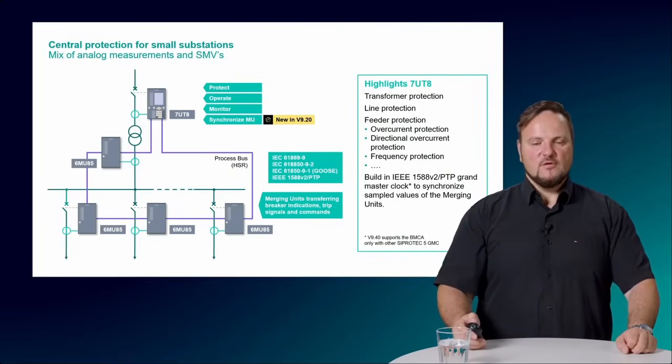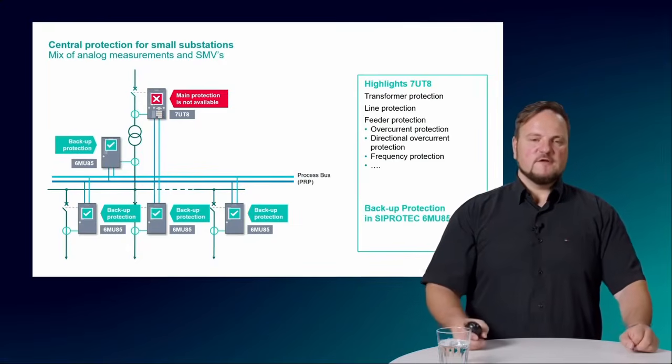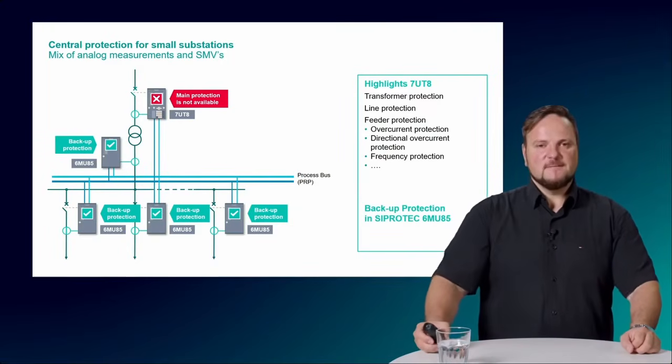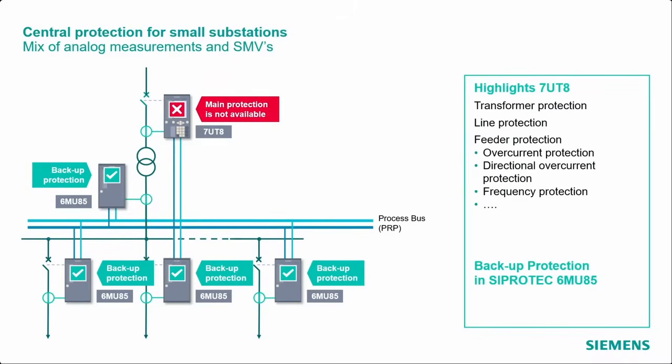And for example, when in such an application the main protection fails, that means we have the same application as before and our 7UT fails due to some defect, then of course we have the possibility in the merging units as well, because the merging units also support backup protection functions. So the application can be run again, and there are basic protection functions available, so there is no need to switch off the whole application.